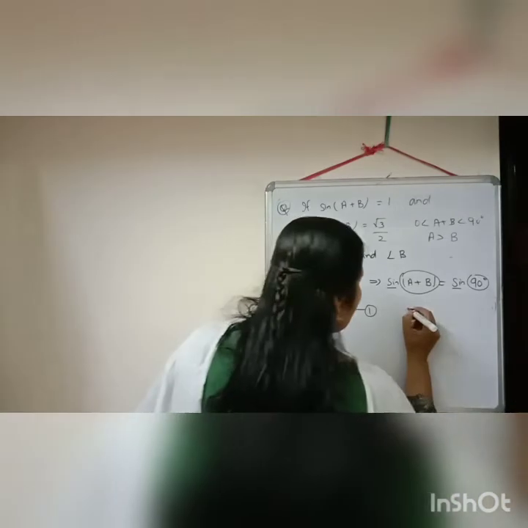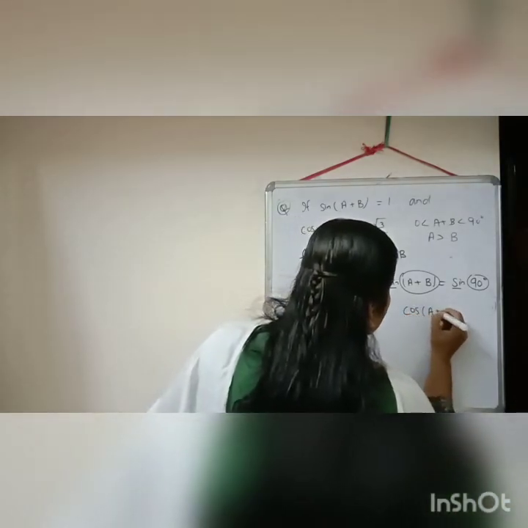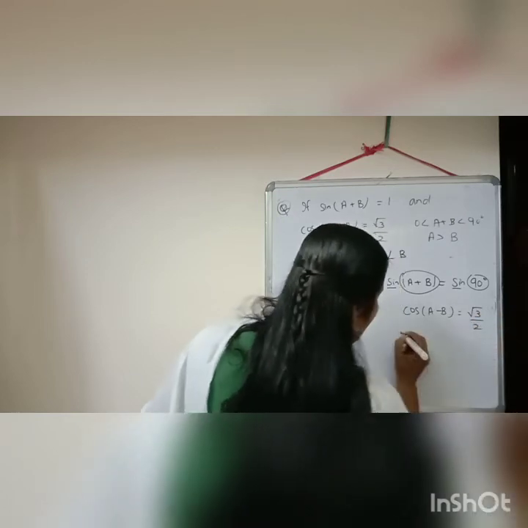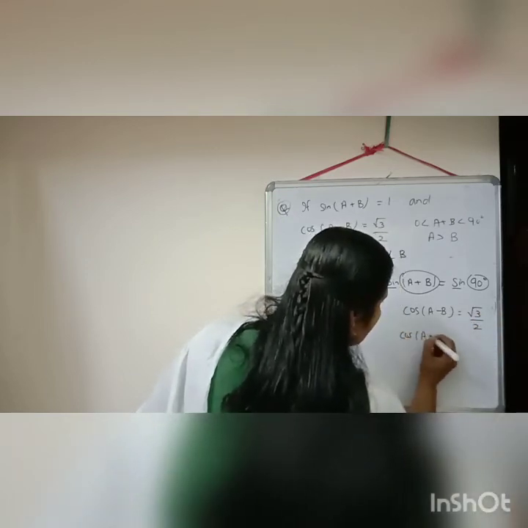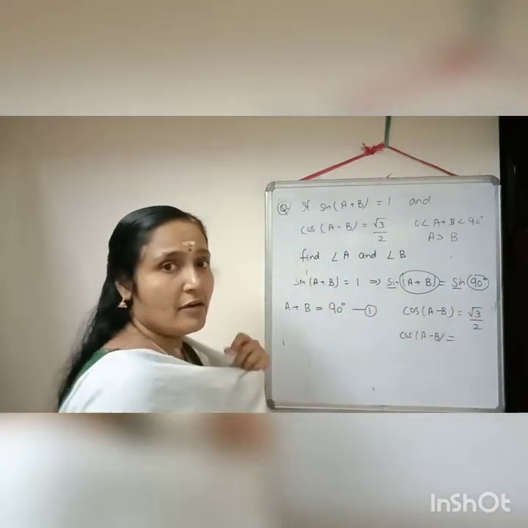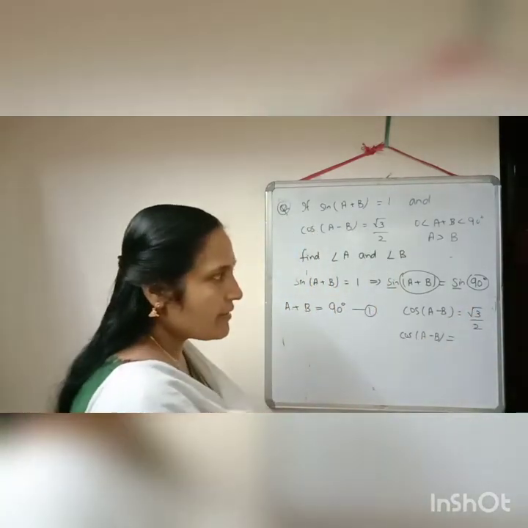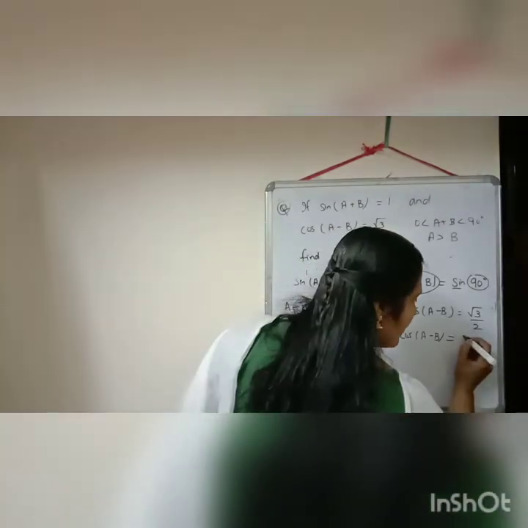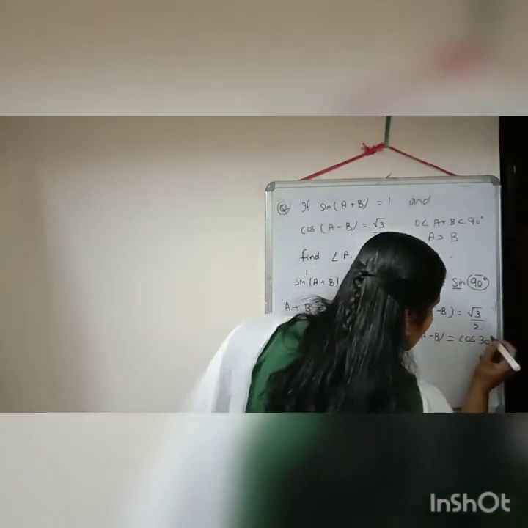Now what is the second information given? Cos (A minus B) is equal to root 3 by 2. So the left hand side is written in terms of cos, so the right hand side also you have to rewrite in terms of cos only. When does cos give root 3 by 2? Correct, cos 30 degree.